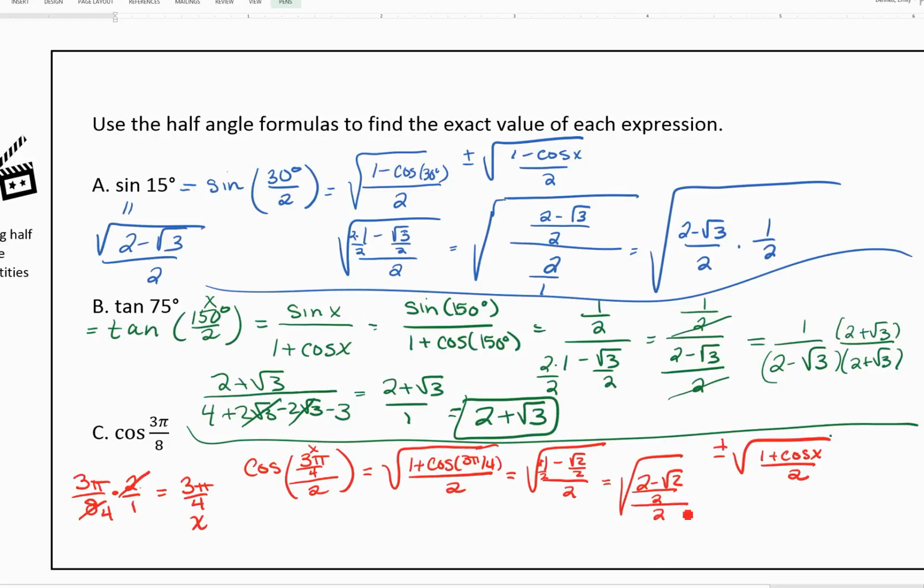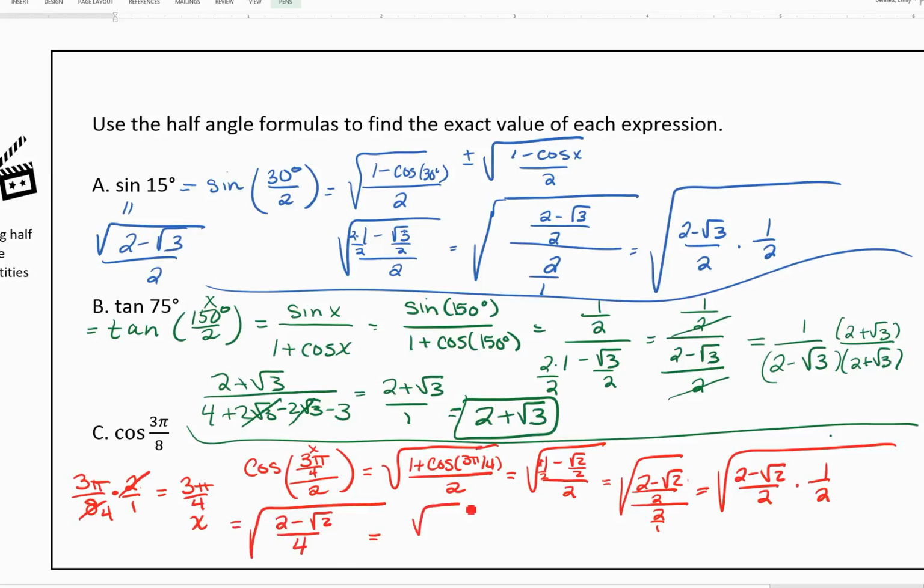Remember, we take the top fraction, this is like 2 over 1, so 2 minus the square root of 2 over 2, times the reciprocal, 1/2. So we'll have 2 minus the square root of 2 all over 4.